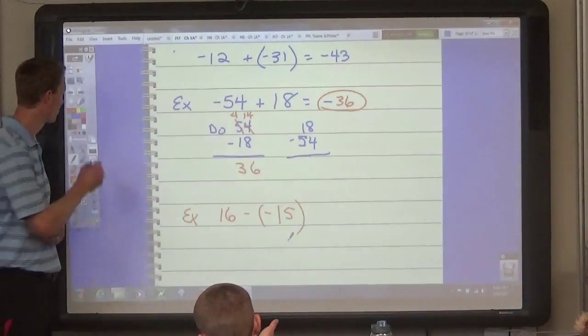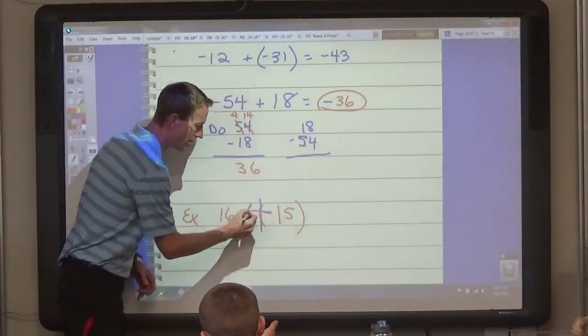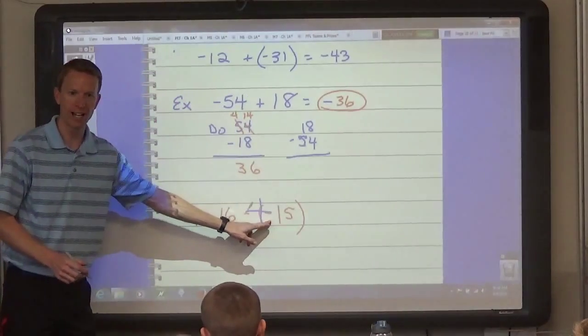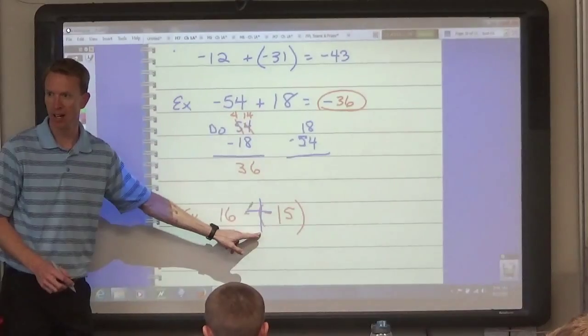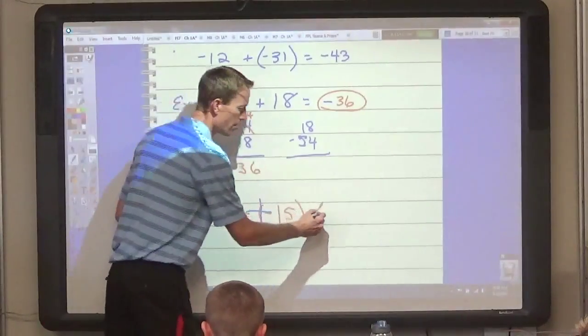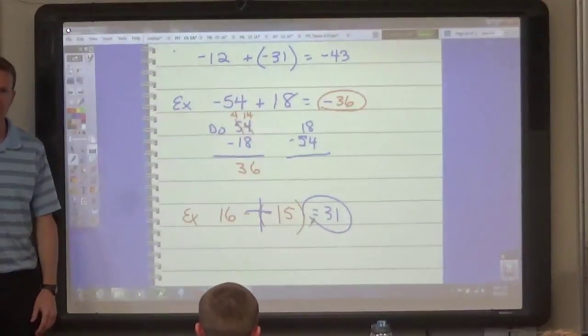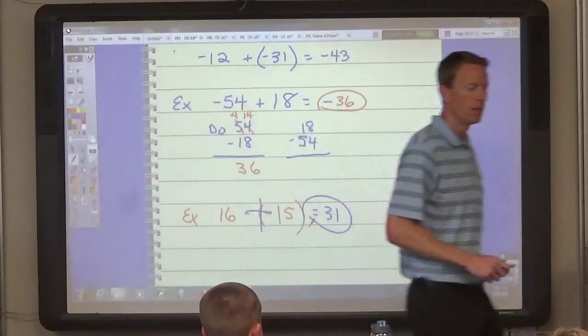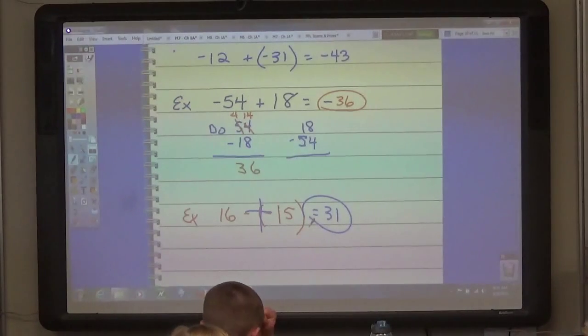Johnny. Negative equals plus. Good. The two minus signs in a row cancel each other out, so it becomes just plus. Okay? 16 plus 15 is 31. Positive 31. Okay? So, you're going to do an assignment on this tomorrow, but there's some examples and notes for you on adding integers.